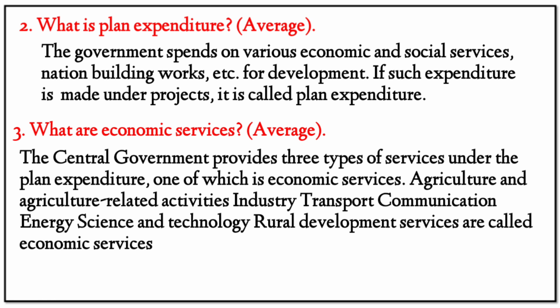What are economic services? The central government provides 3 types of services under plan expenditure, one of which is economic services: agriculture and agriculture-related activities, transport, communication, and energy, science and technology, and rural development services are called economic services.